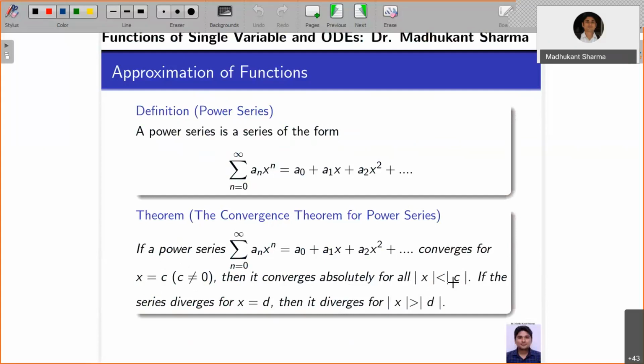Why is this required? Because once you have the privilege that the series converges absolutely for all this and diverges for this, suppose the series converges absolutely in this way.